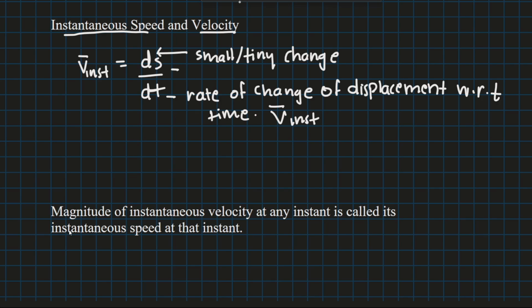But instantaneous speed is also known as the magnitude of instantaneous velocity. This is an important concept. Instantaneous speed is the magnitude of instantaneous velocity.